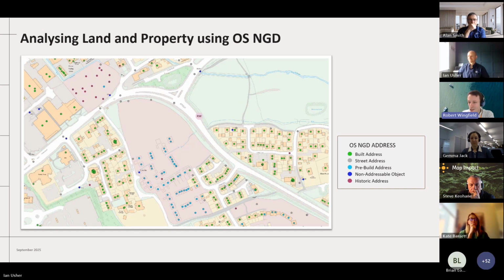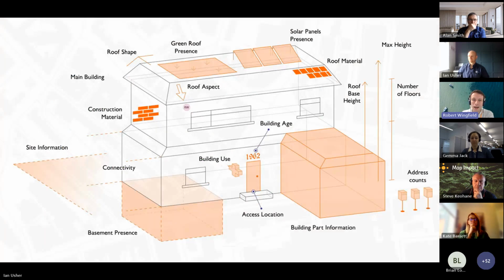But then I think the value really comes in the NGD when linking this data to buildings and the wealth of building attribution that we now hold within the OSNGD. And this data really comes through on this slide here, and you can start to understand the wealth of data that we have been capturing. This includes, I'll just touch on a few of these: building age, construction material, and basement presence.